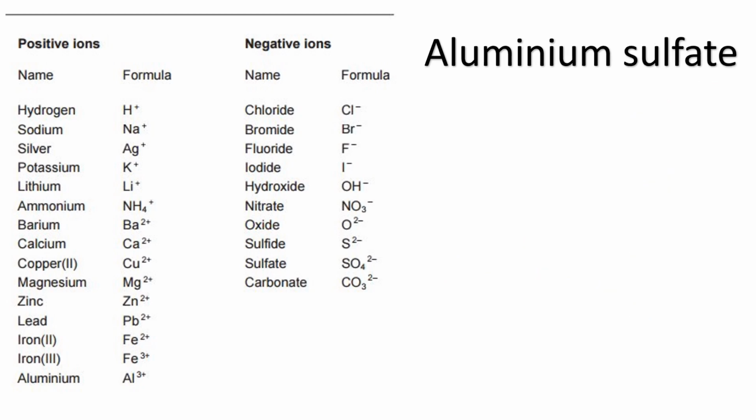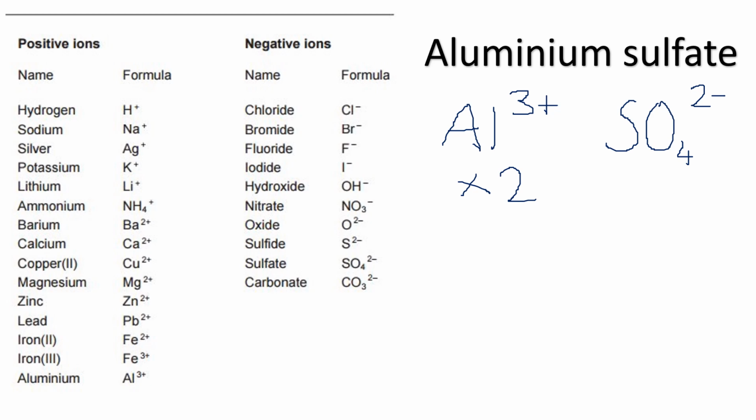Lastly, I've left the hardest till last, aluminium sulfate. Aluminium is Al3+, and the sulfate is SO4 2-. Now to get these charges to balance, I'm going to need 2 lots of the aluminium, which will give me a 6+ charge, and 3 lots of the sulfate, which will give me a 6- charge.